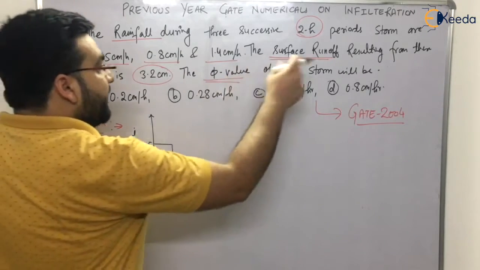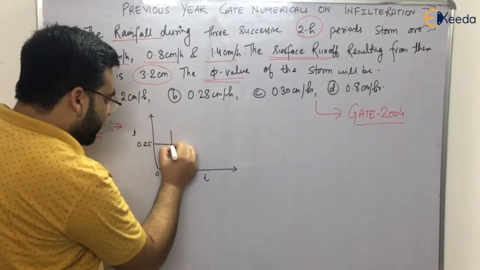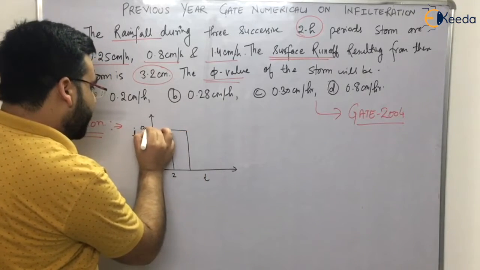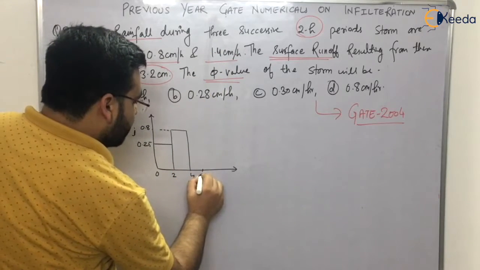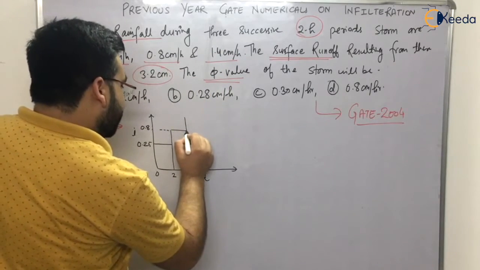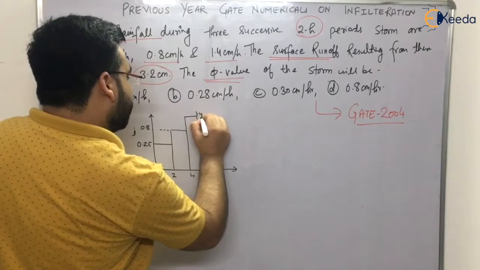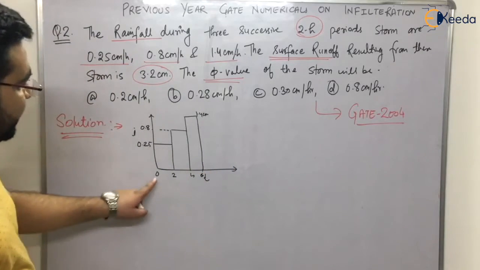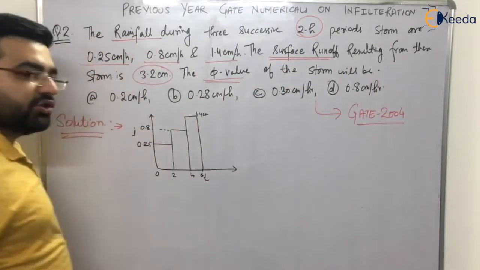Then for next 2 hours, it is 0.8 centimeter. And then it is 1.4 centimeter for the next 2 hours, from 4 to 6. Here 0, 2, 4, 6 hours, because it is a successive 2-hour duration storm, right?